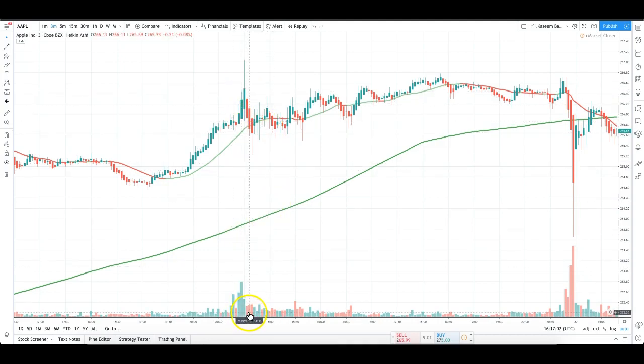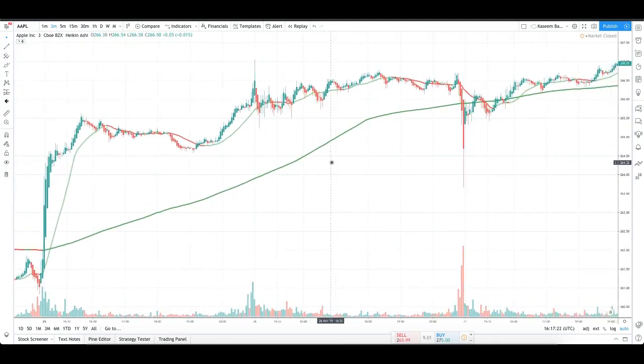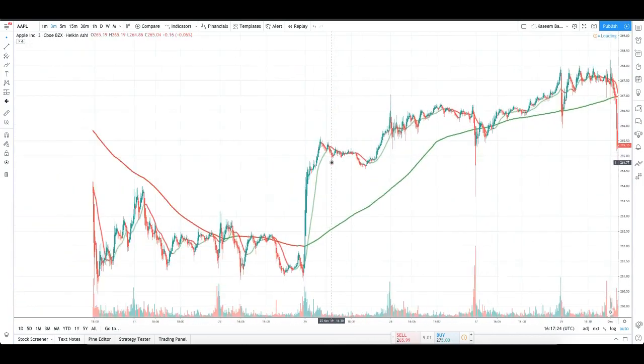And if you see two consecutive reds after you've had a slew of green candles, I will probably get out of the trade just to be safe. It all depends on your position size as well.